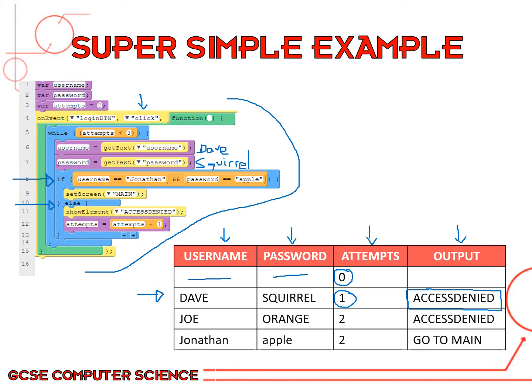Because this is a loop, it's going to go back to the beginning. Attempts is still less than 3 because it's 1. So it's going to ask us again to input the particular username and password that we want. So Dave and Squirrel are now going to get erased. And we're going to type the wrong thing in again. So this time we're going to put Joe and Orange.